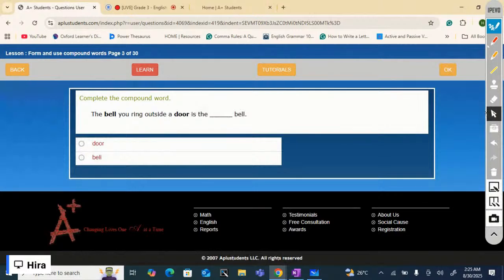The bell you ring outside a door is the blank bell. Which bell?